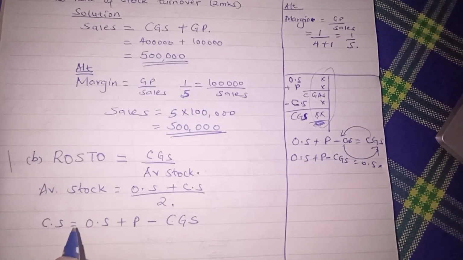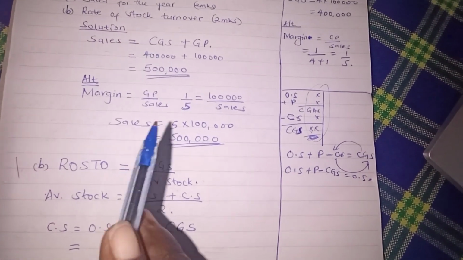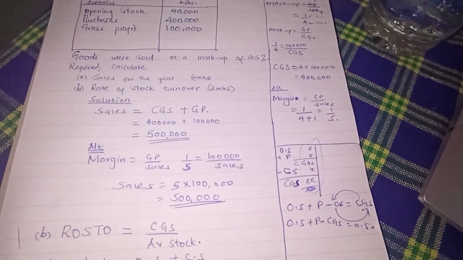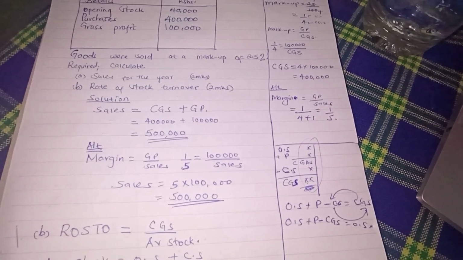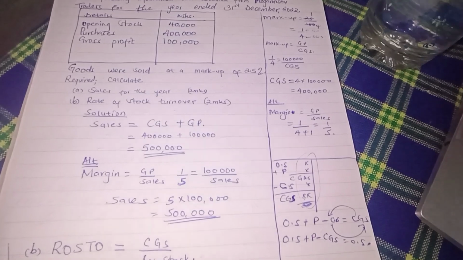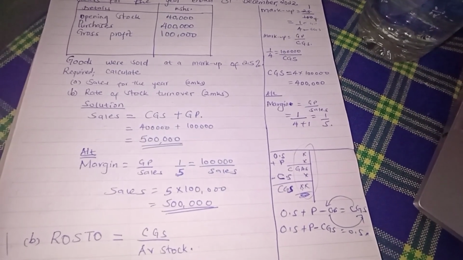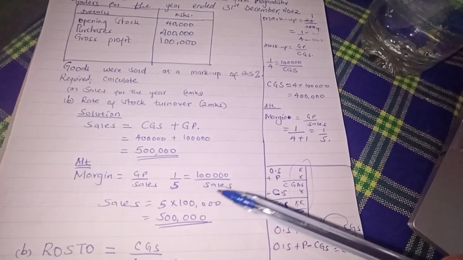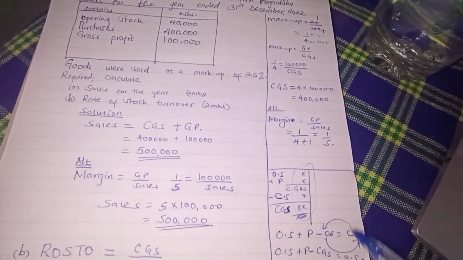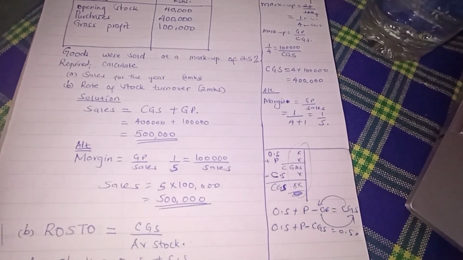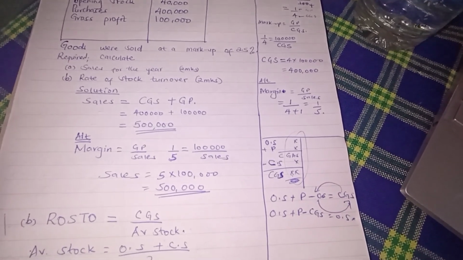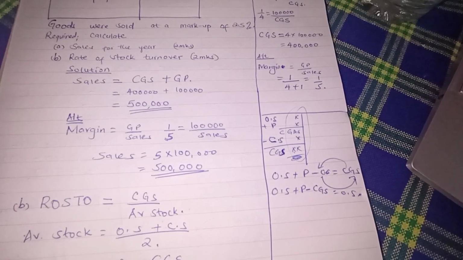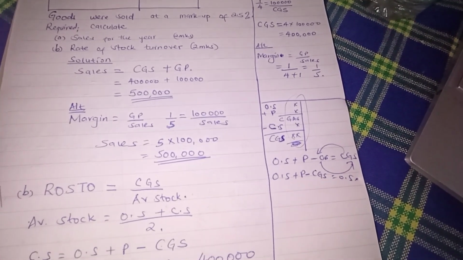So we have our opening stock as 40,000, then our purchases as 400,000, and the cost of goods sold, which we calculated, as 400,000. So this gives us 40,000 as our closing stock.